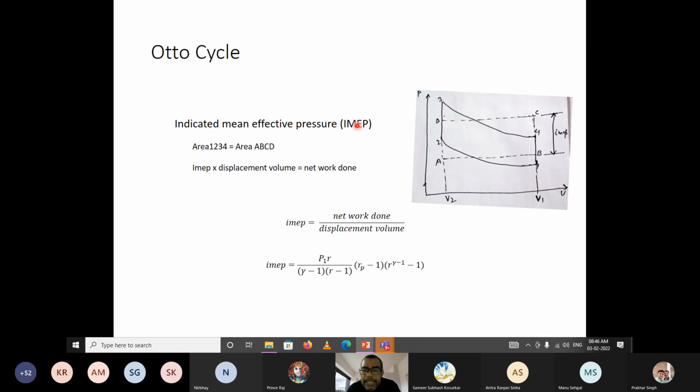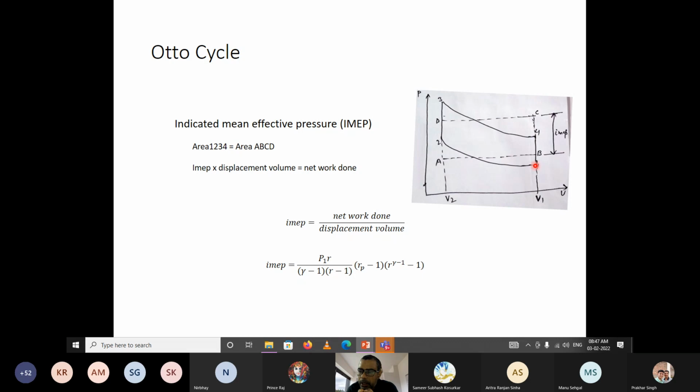So what is the indicated mean effective pressure? Mathematically, let us define it. See this picture. As we have already discussed, the pressure inside the combustion chamber varies in all four strokes from atmospheric to the maximum pressure.